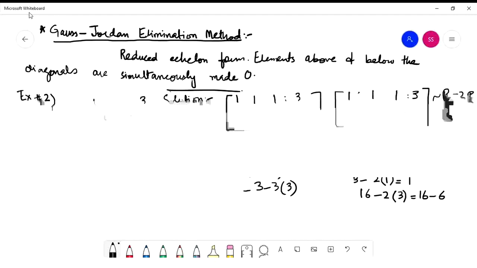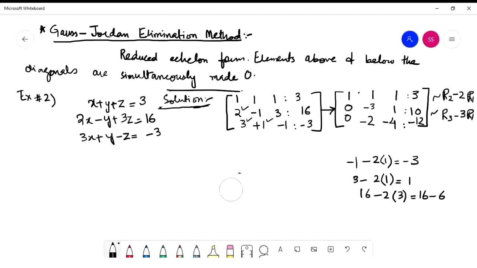These are the row operations for making the entries below the first pivot position equal to 0. Now we want to make the entry below the second pivot position 0, so we simplify the third row.